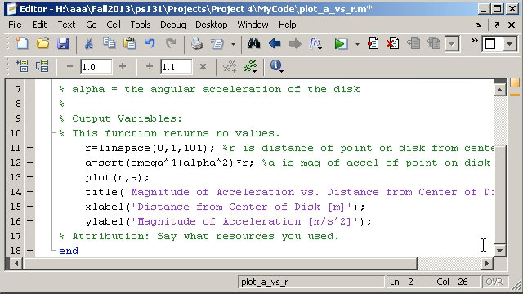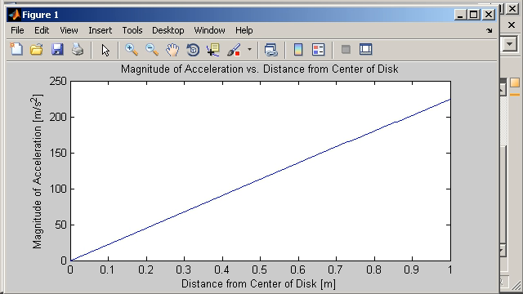Okay, and then finally, for any case in which your function produces one or more graphs, each graph must be titled. Title: magnitude of acceleration versus distance from center of disk. Check. Each axis must be titled with what is being plotted along that axis, and in square brackets, the units of what is being plotted. Okay, x-axis, distance from center of disk, and units of meters, check, in square brackets.